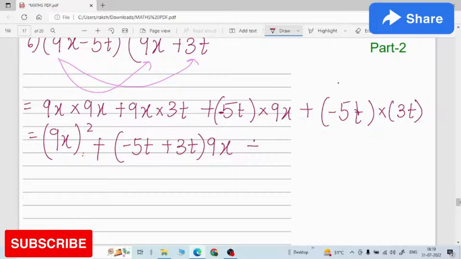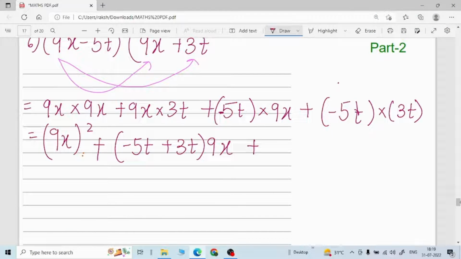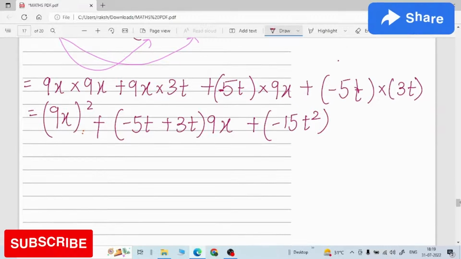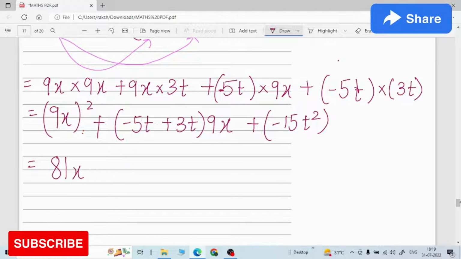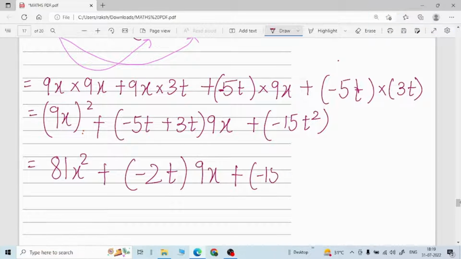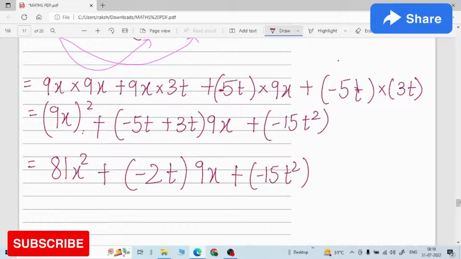That is 9x times minus 2t, and 5 threes are 15, minus 15 because of the minus sign, that is t square. 9 square is 81x square. 5 minus 3 is 2, so minus 2t times 9x, and minus 15t square.